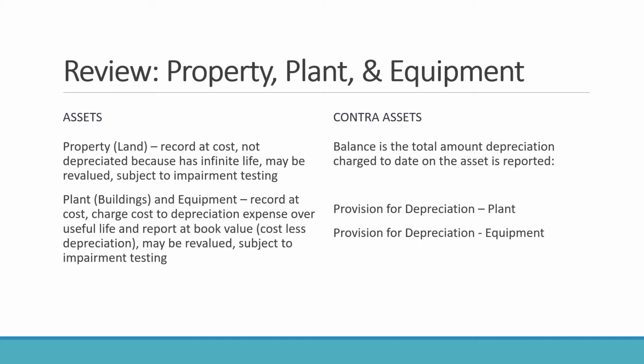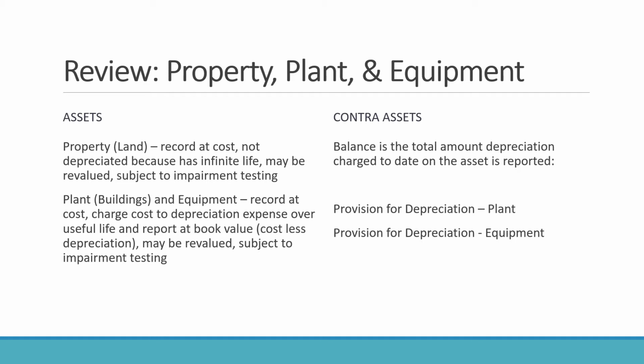So when we record depreciation on the plant and the equipment, we're going to increase depreciation expense for that, and then the other part of the transaction is going to be recorded in what we call a contra asset account.